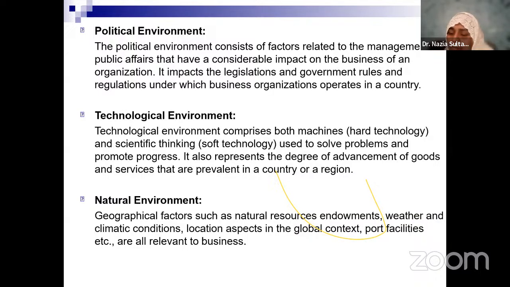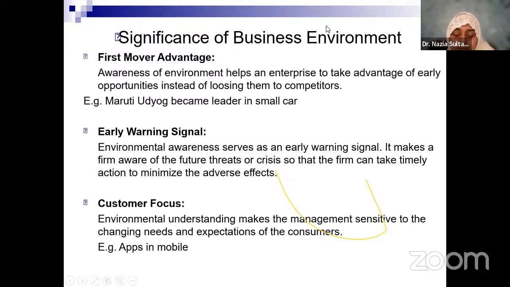So all these environments beyond the control of the business, political, social, cultural, economic, legal, technological, natural, are all broader environments. Then you can just have a glance at this. Why is the business environment significant?